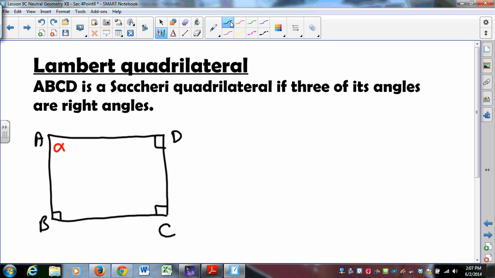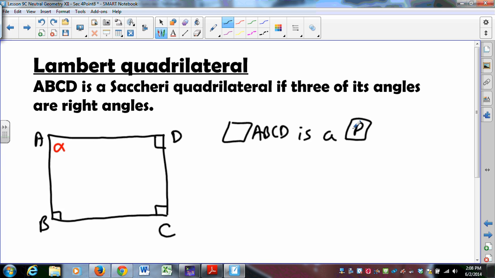And Lambert was able to do some good work with his quadrilateral. Lambert was able to show that ABCD is a parallelogram, which isn't too hard to show, and therefore it's convex.